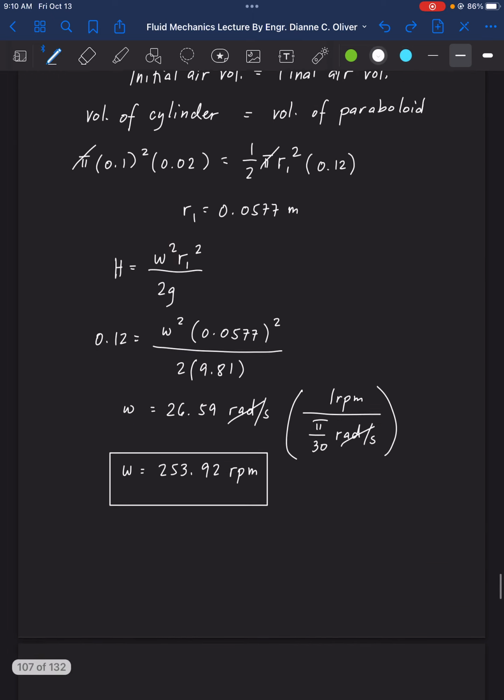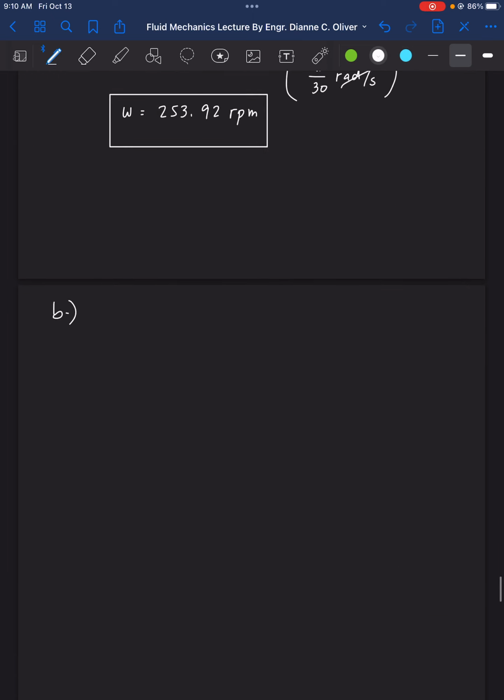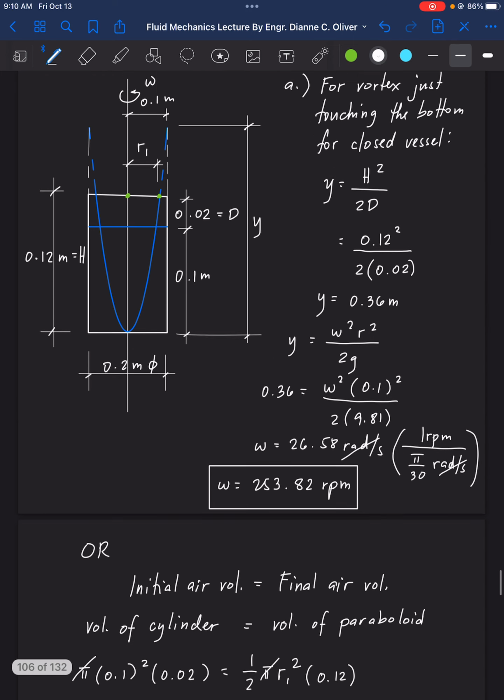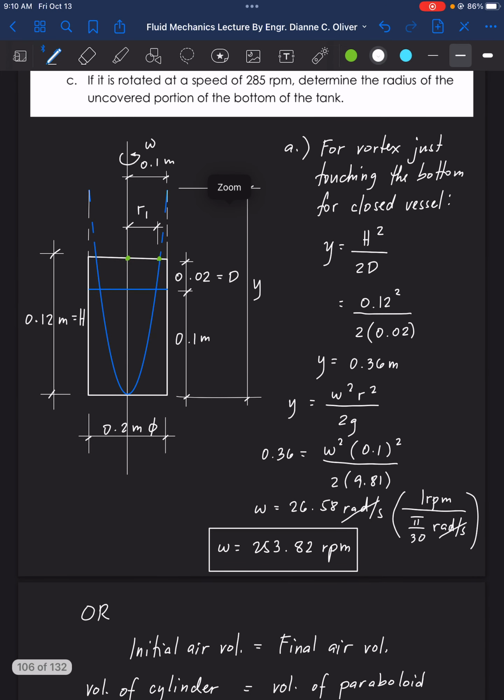For the value of P, for letter B, P max will be gamma H, where the H here is the maximum. So what's the maximum height? Since we are getting the maximum, it's not this one. What is the maximum height that the water can attain? That is when it is rotating.